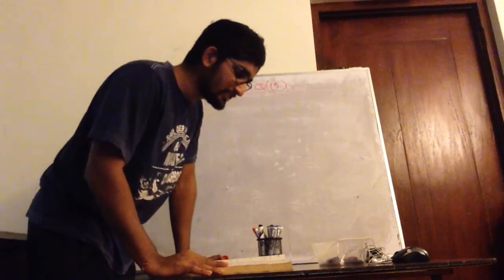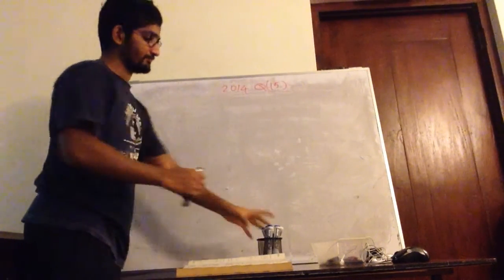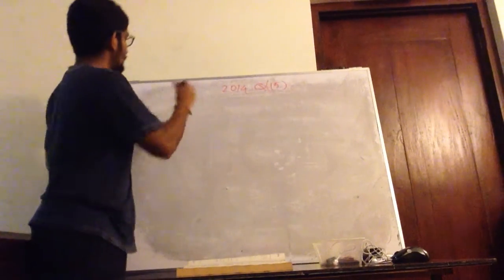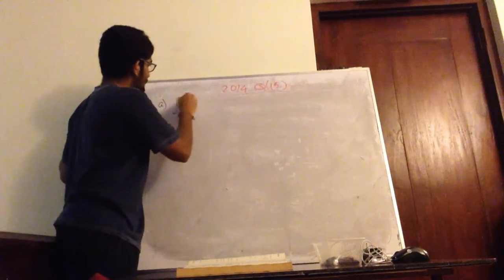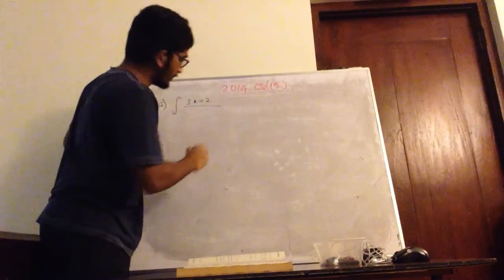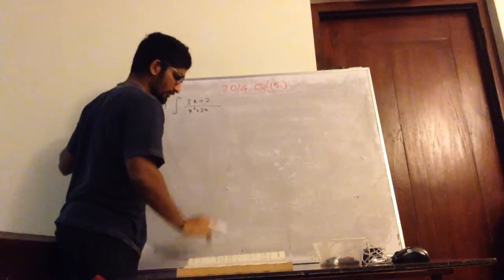So the first question says find, part A says find the integral of (3x + 2) over (x squared + 2x + 1).